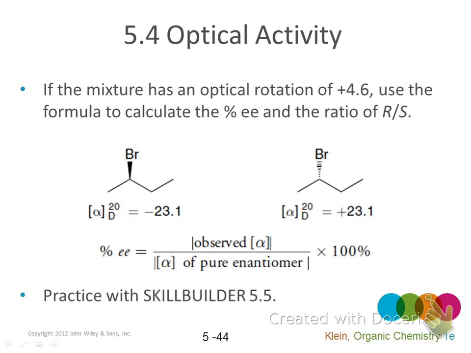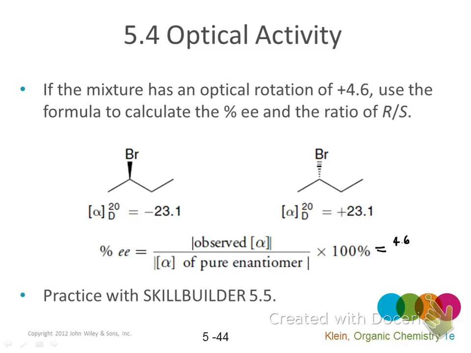Okay, so we're doing an experiment here. We get 4.6 degrees as your optical rotation. So you want to calculate the enantiomeric excess. It's fairly straightforward. It's just going to be 4.6. And I ignore the sign when I do this calculation, and I just figure it out later.